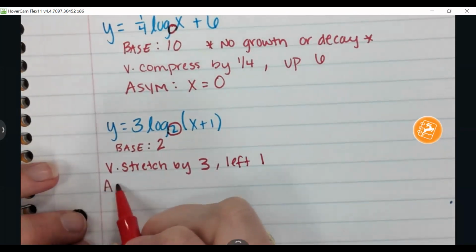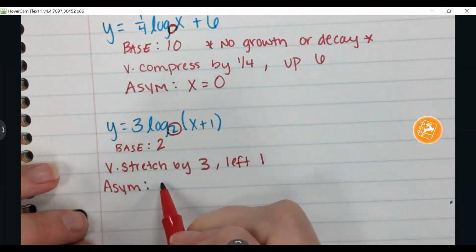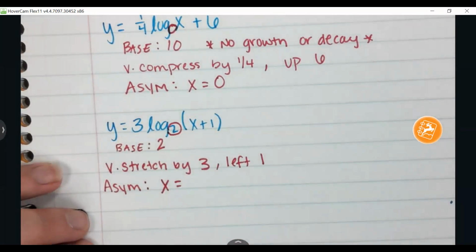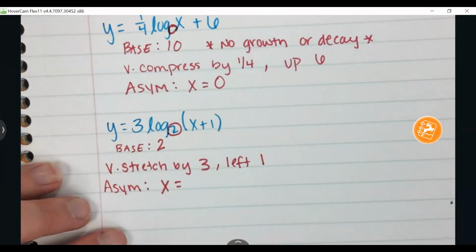I need an asymptote. And it's a vertical, so it cuts the x-axis. Where is this graph going to cut my x-axis? At what number? At -1, because that's how it moved. It moved left 1, okay?